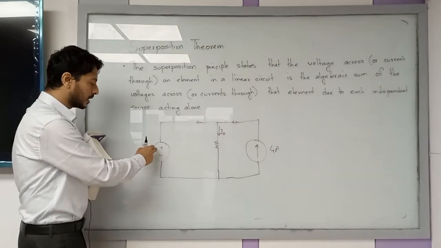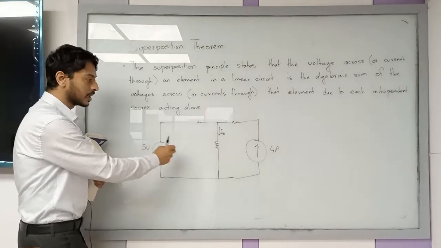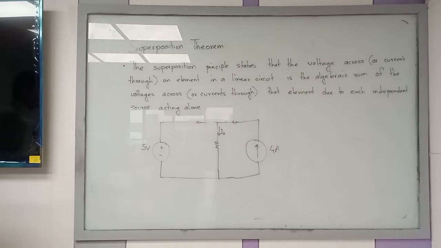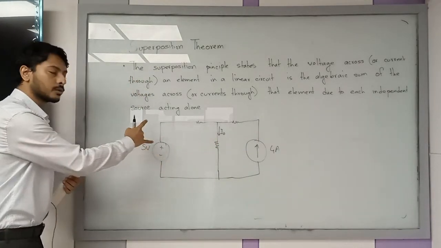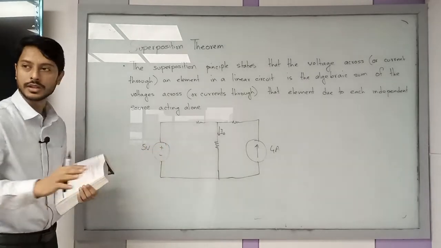When you are making this power source active using the superposition theorem, this source should be shut down. So how will you do that? You have to short that. Remove that source and short that line for a current source. But for a voltage source, when you are considering this current source, this voltage source should be open. Okay? So these are the two things you need to remember.